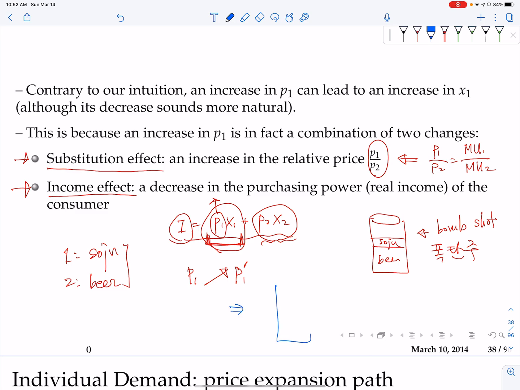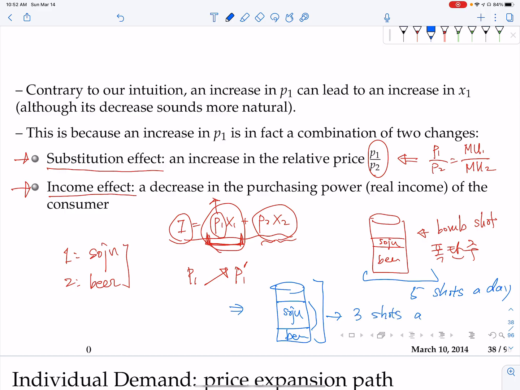Then what's gonna happen is that maybe the composition of beer and soju will change. So now you're putting more soju. Previously you could have 5 shots a day, but now you can afford only 3 shots a day.